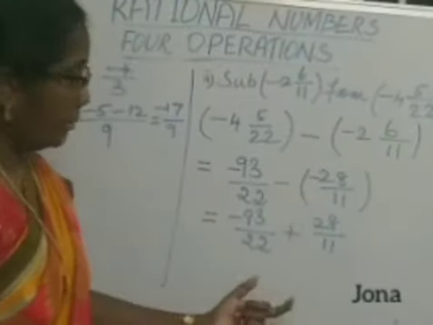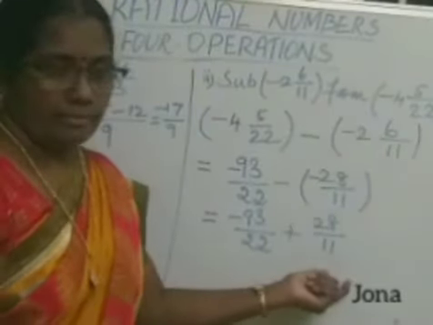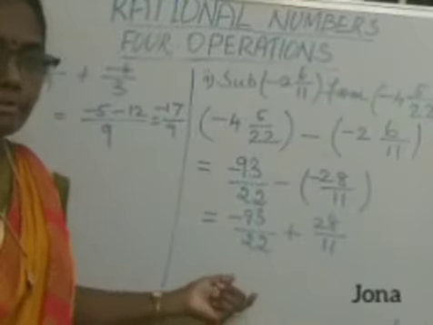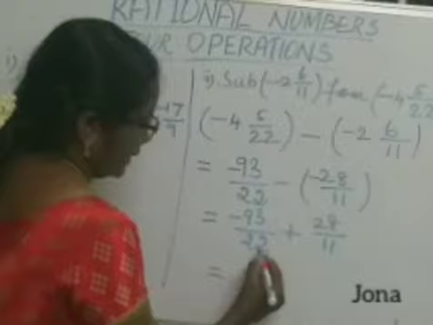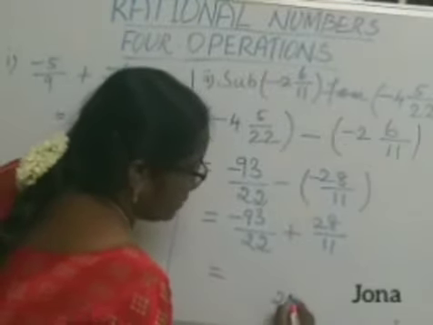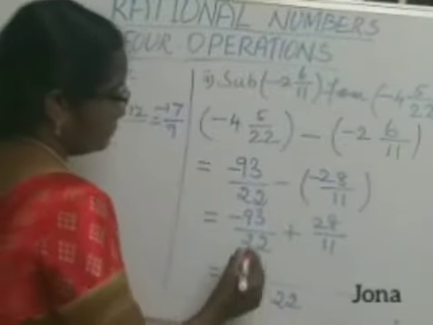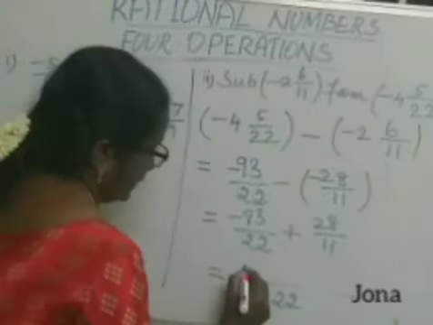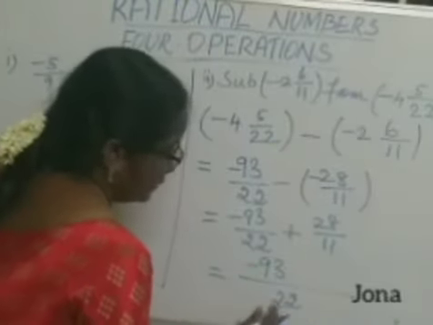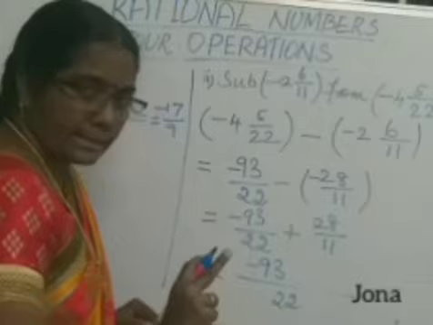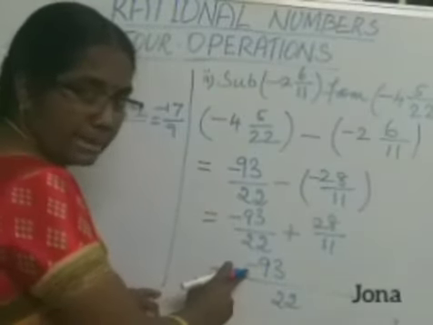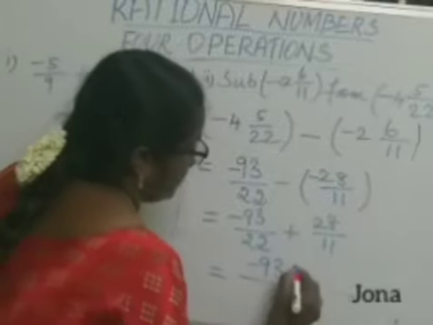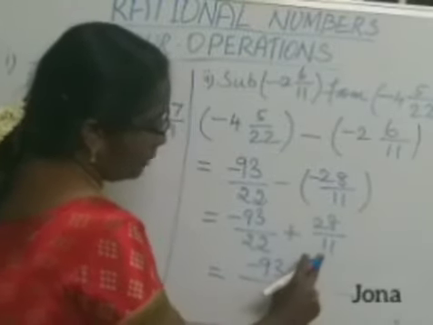Now look at the denominators: here 22 and here 11. As usual we follow the rules of addition, so I have to take the LCM of these two numbers. That LCM is 22. In the numerator I have minus 93: in 22, how many 22s are there? One time, so 1 into 93 is 93. Already we have a minus symbol, so put minus as it is. Here plus, in 22 how many 11s are there?